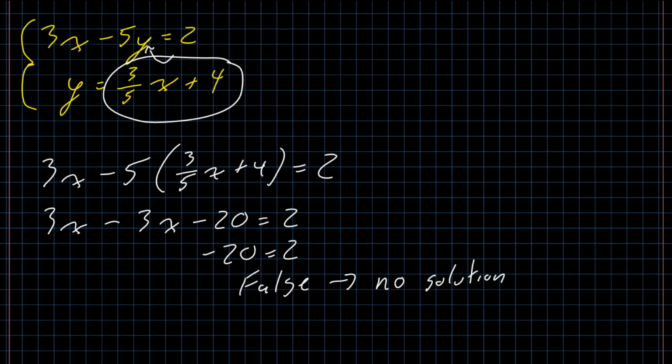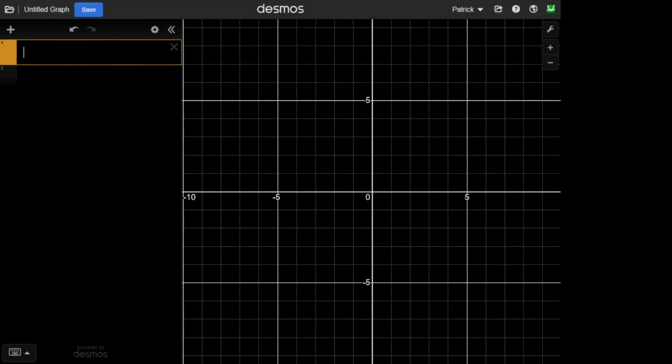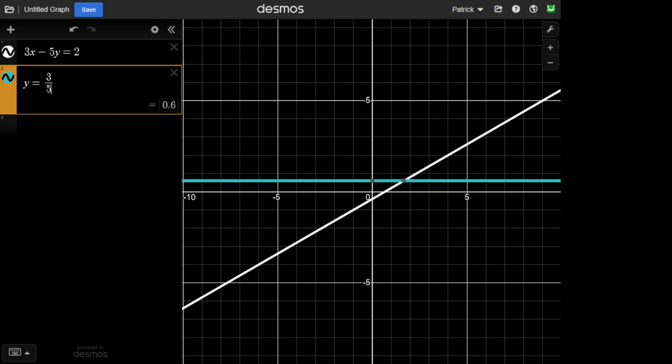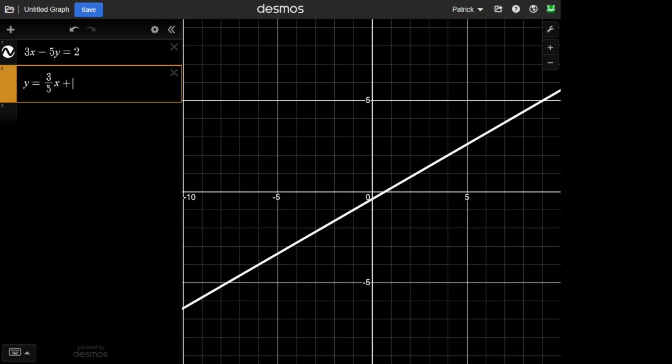I'm kind of curious to explore that a little bit further, so let's jump over to Desmos and type in these two equations. We had 3x minus 5y equals 2, and we had y equals 3/5 x plus 4.